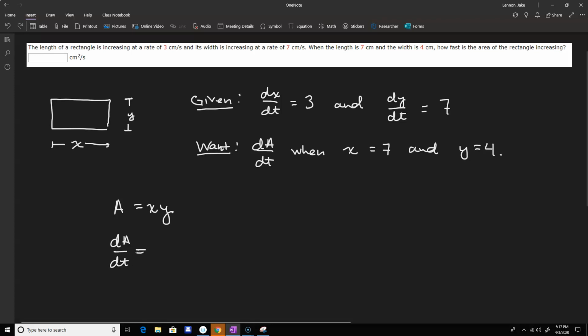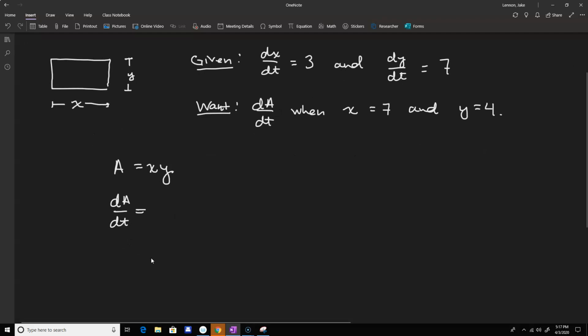The derivative of A would normally just be 1, but since we're thinking of A as a function of t, we're going to use dA/dt. So we're using the product rule here. For x times y, if we call u x and v y, then u prime will be dx/dt, and v prime will be dy/dt.